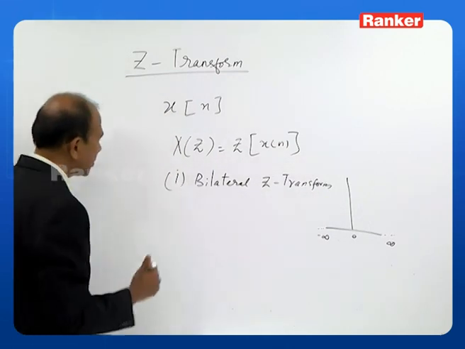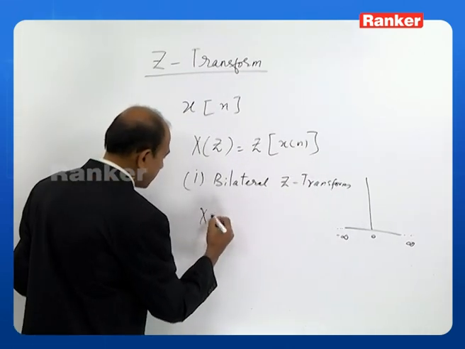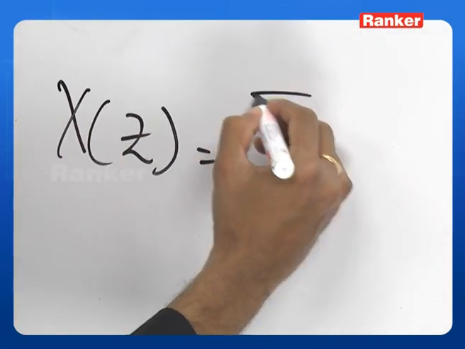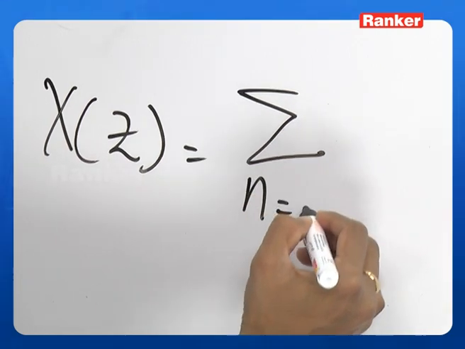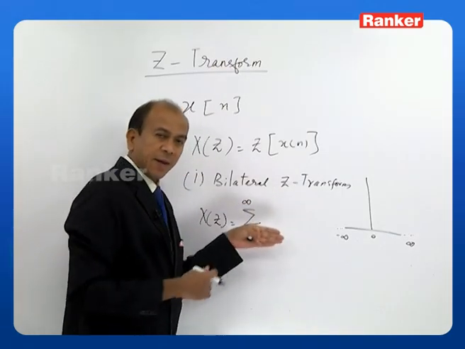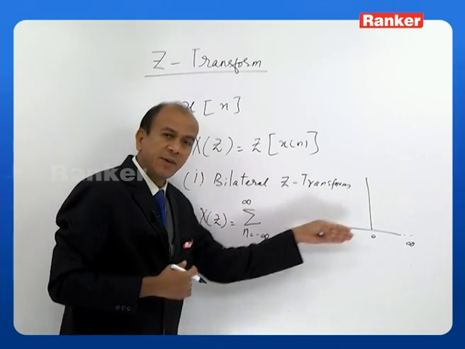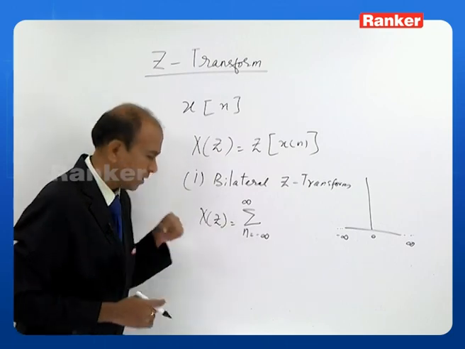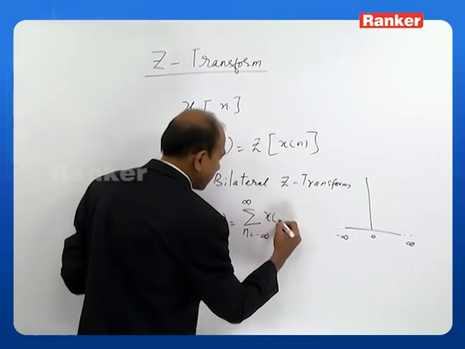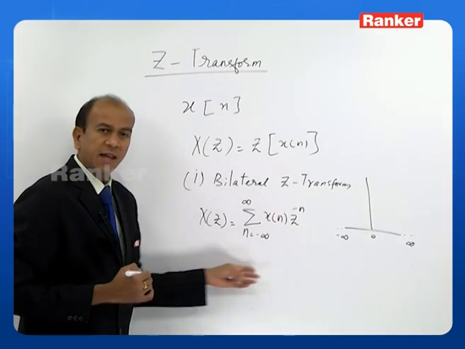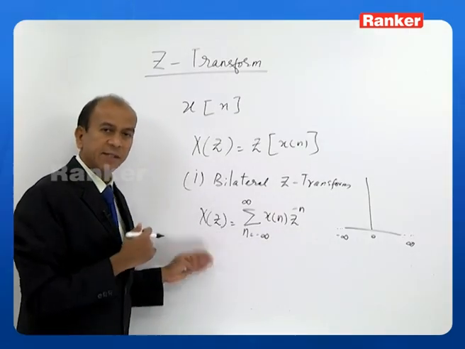What is the formula for that? How to calculate X of z? X of z is given by the Z transform of x of n, that is the summation of n equals minus infinity to plus infinity, for a sequence which exists from minus infinity to plus infinity, of x of n z to the power of minus n. So, this is the equation for a bilateral Z transform.